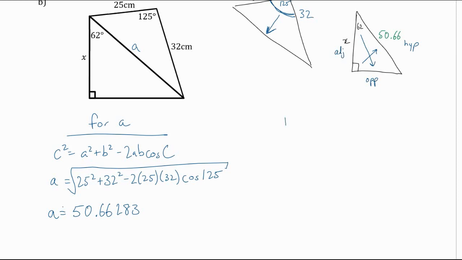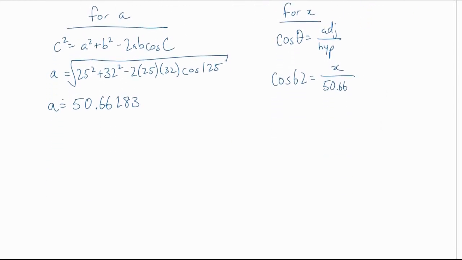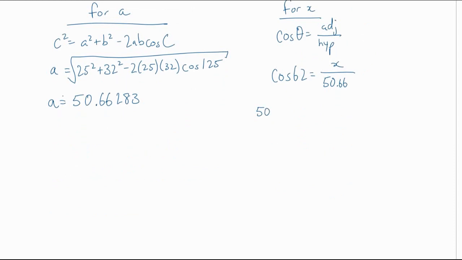So for x, again, remember, now I'm doing SOHCAHTOA because now it's a right triangle. So this is cosine, because cosine is adjacent over hypotenuse. So cos of 62 equals adjacent, which is x, over hypotenuse, which is 50.66, but I'm going to use that on my calculator.